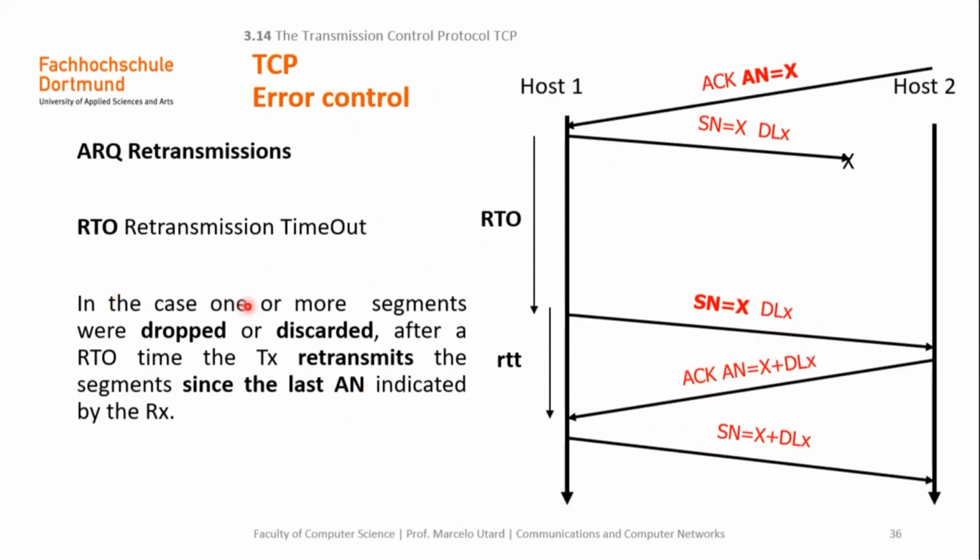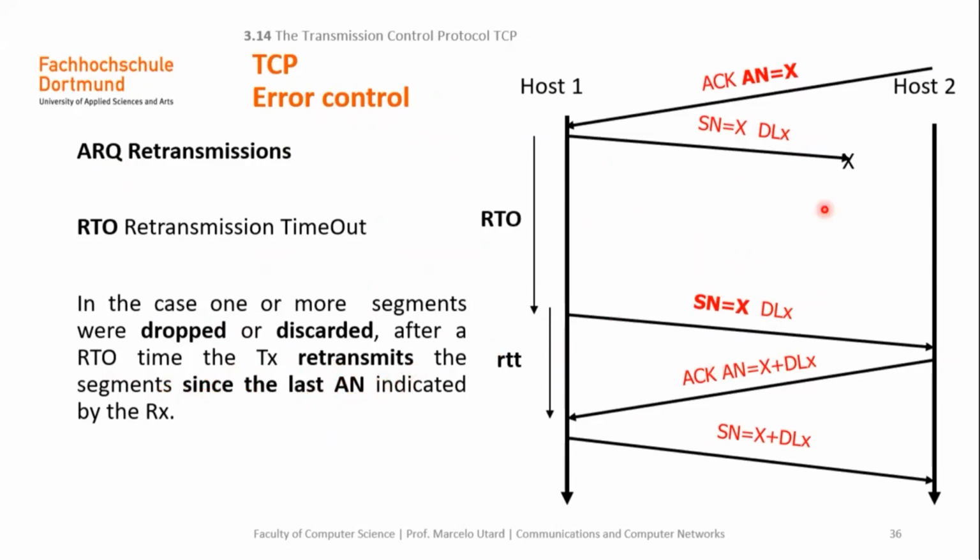the transmission could continue sending other data. Then, in the case one or more segments were dropped or discarded, after a retransmission timeout the transmitter retransmits the segments since the last acknowledge number indicated by the receiver.